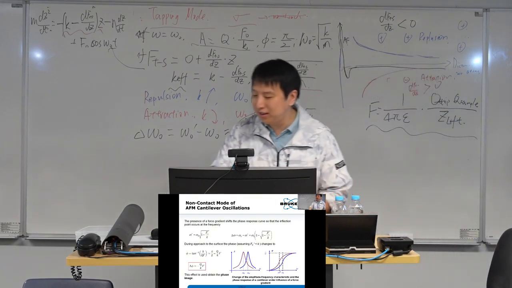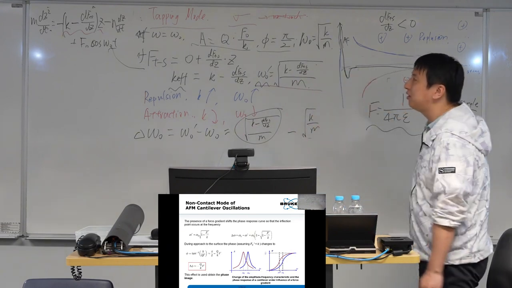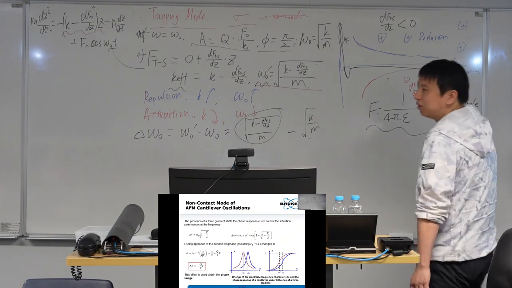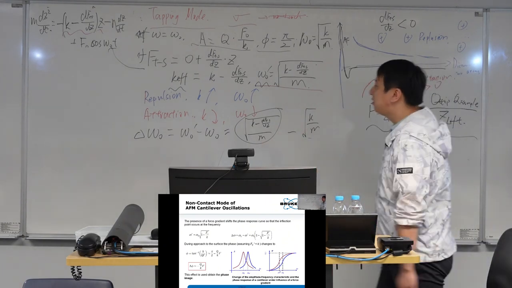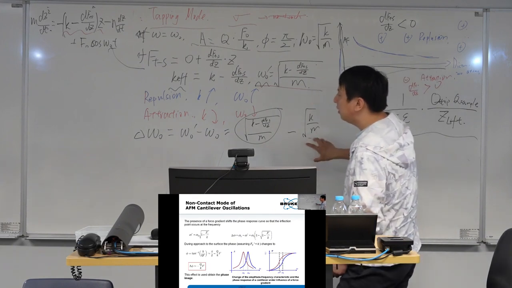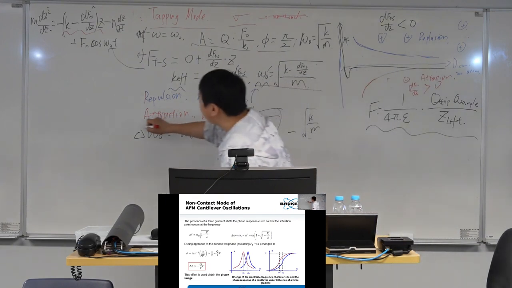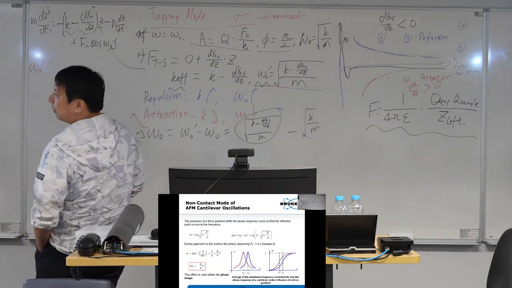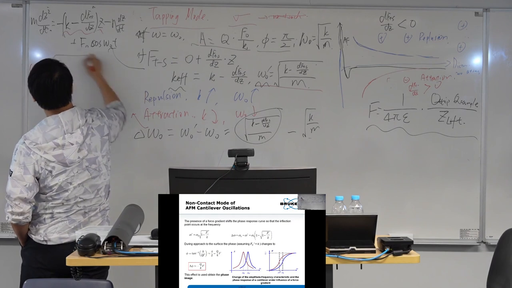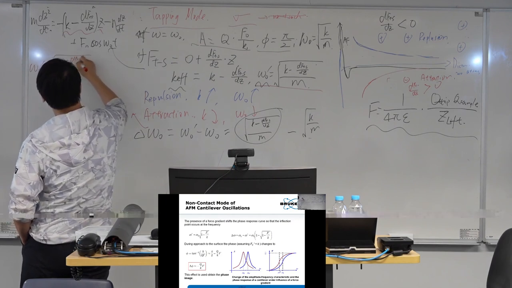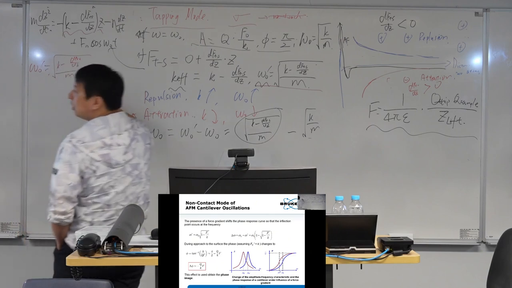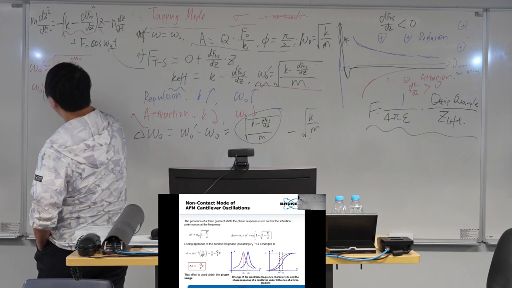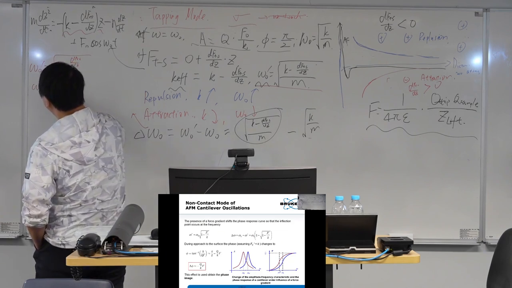We play the trick again. I said the basis of AFM mathematics is just the Taylor equation, so we play this Taylor expansion again. Omega 0 equals the square root of k minus dFTS over dz, over m. So this omega 0 is a function of dFTS over dz, right?